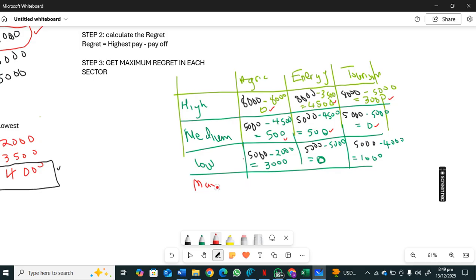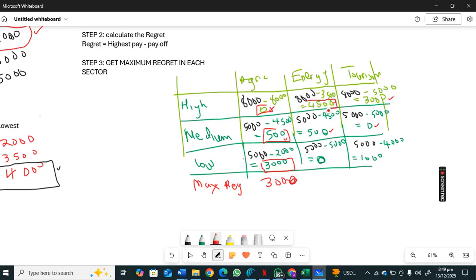Maximum regret. So if we come to agric, the regrets here, we have 0, 500, and 3,000. So the maximum regret is 3,000 for the agricultural sector. Next, we go to the energy sector.